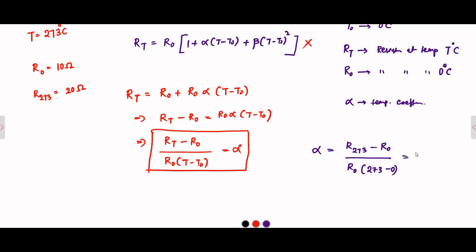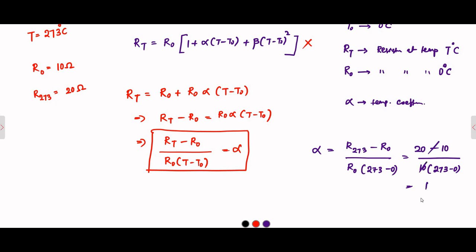Substituting the values, R273, the resistance at 273 degrees Celsius, is equal to 20 ohm. Resistance at 0 degrees Celsius is equal to 10 ohm, by R0 again 10 into 273 minus 0. So 20 minus 10 is 10, and here the 10 gets cancelled.